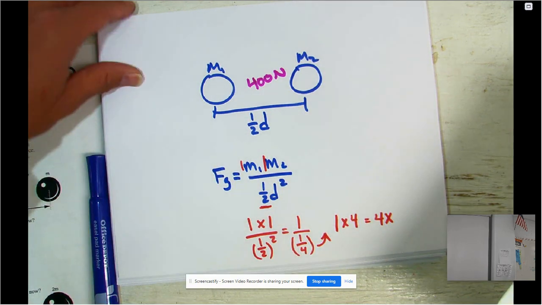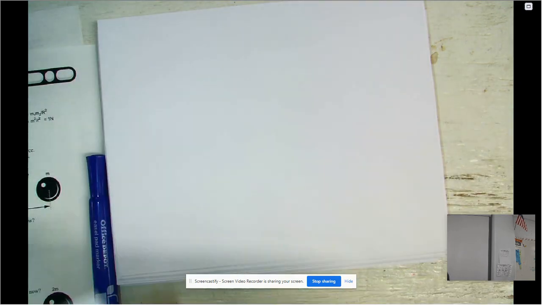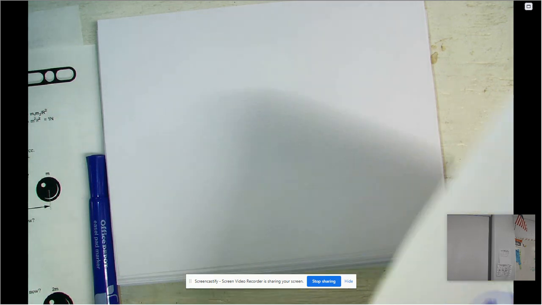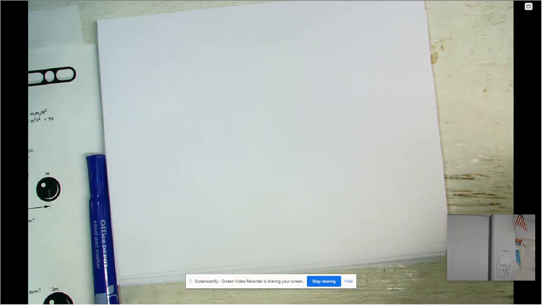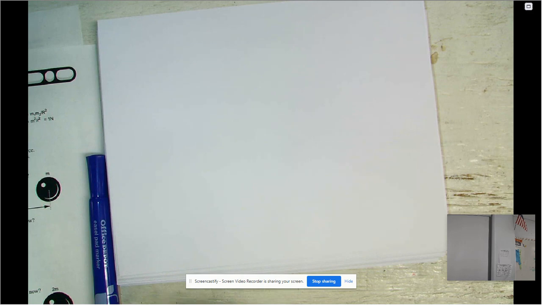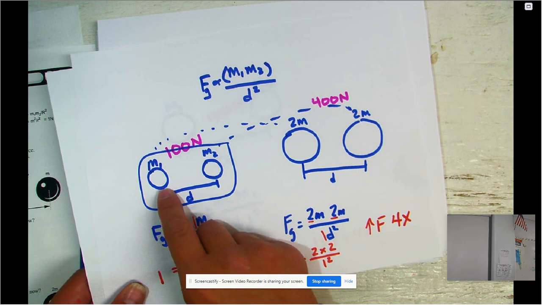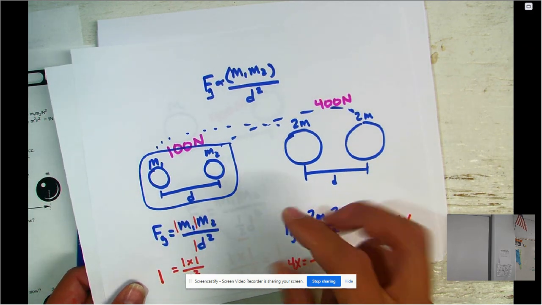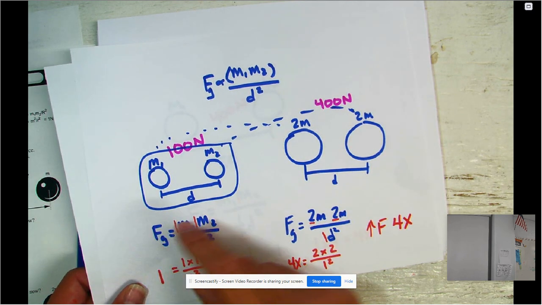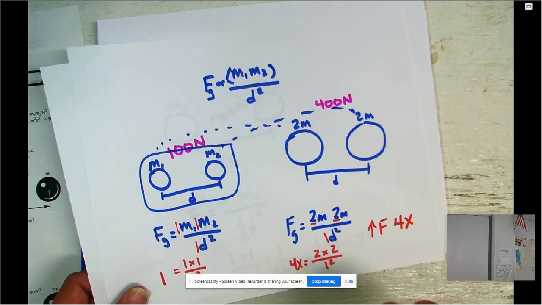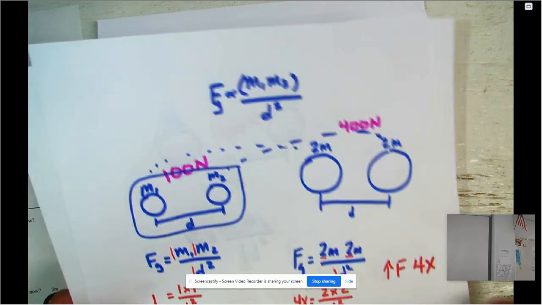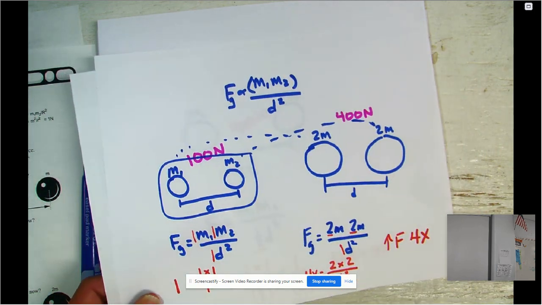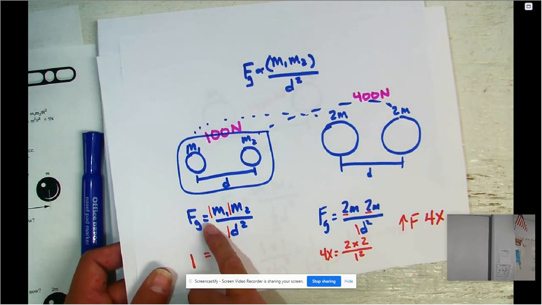Okay, so these are just some examples of dealing with proportionality. There's a lot of different things that could occur. You can increase one mass, you could increase both masses, you can increase one and decrease the other, you can make the distance closer. The idea is that you're just going to follow these same ideas. You're going to use the coefficient that's out in front.